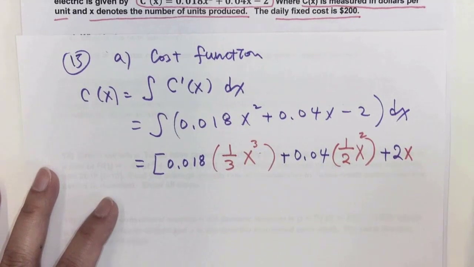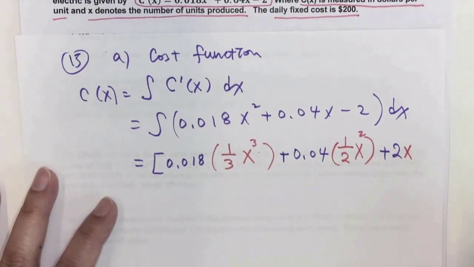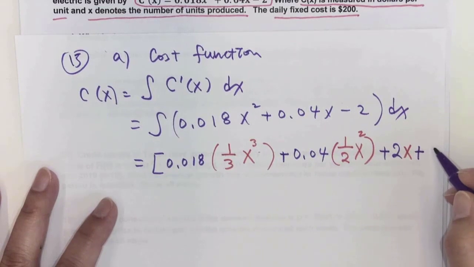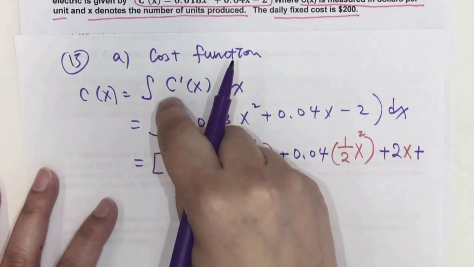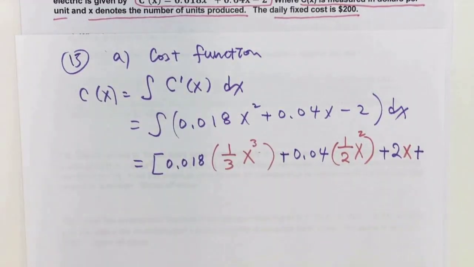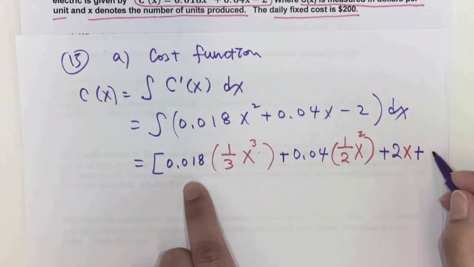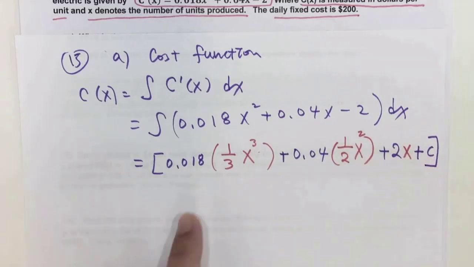When do I need it and when don't I? You don't need it when you plug in two numbers, then it will cancel because it's subtracting, right? But this one, does it plug in any number? No. So the C needs to be there. The C is important for this one.